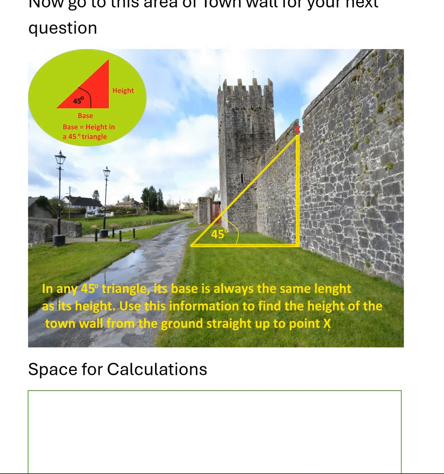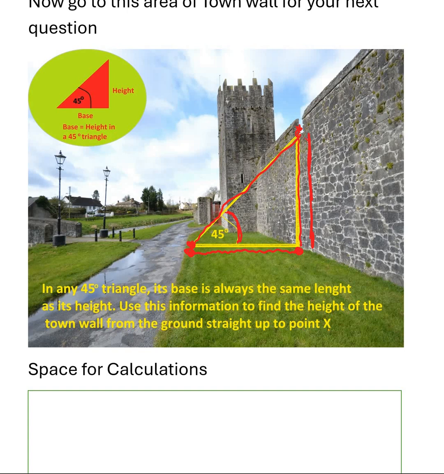So we're looking for the height of this wall where x is. We're told that from this point up this direction makes a 45-degree angle. So by that logic, we don't have to climb that wall to see how high this is. All we have to do is measure from here out to this point in the grass.